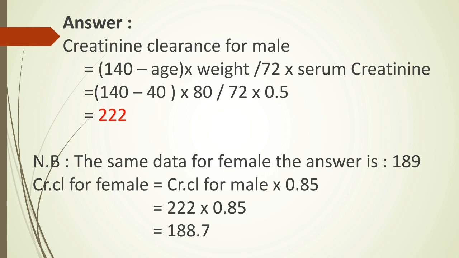So for female, creatinine clearance is equal to (140 minus age) into weight divided by 72 into serum creatinine into 0.85. The male value is 222, so for a female we multiply it with 0.85. So 222 into 0.85 is equal to 188.7. That will be the answer in case of a female.